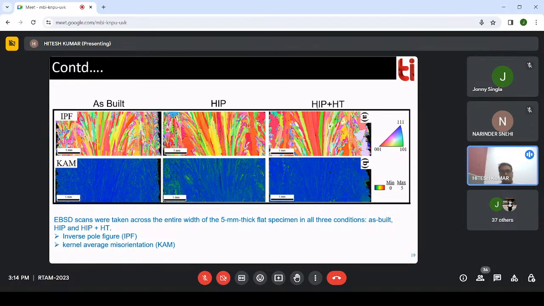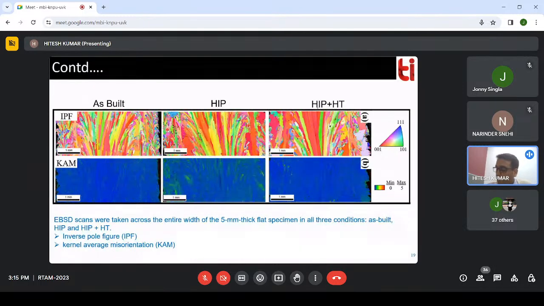Kernel average misorientation means, let's suppose you have a grain inside your material. First, we calculate the misorientation within that particular grain itself. Let's suppose the grain is around 250 pixels.